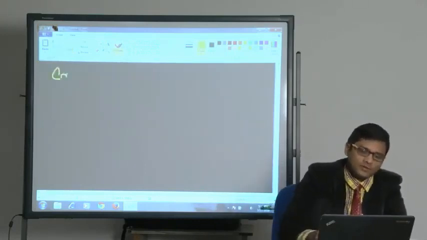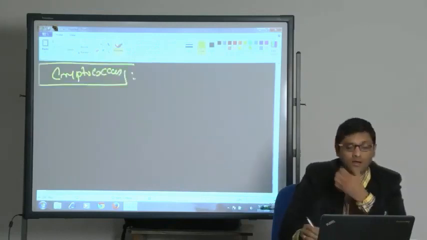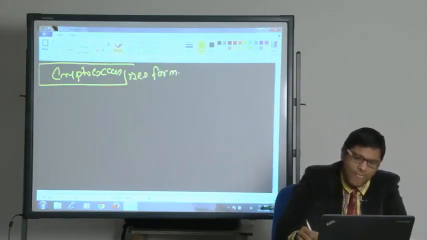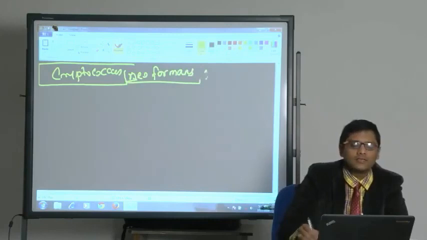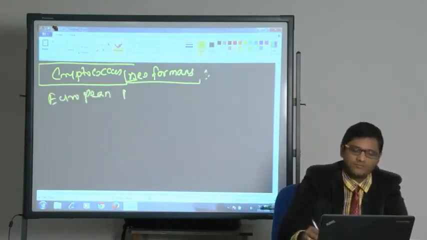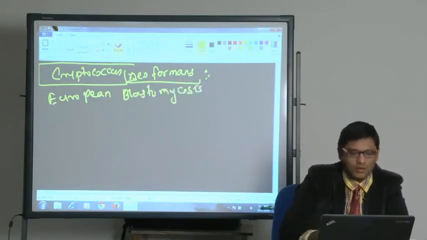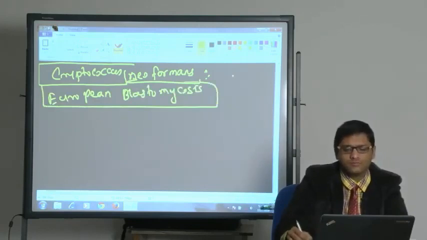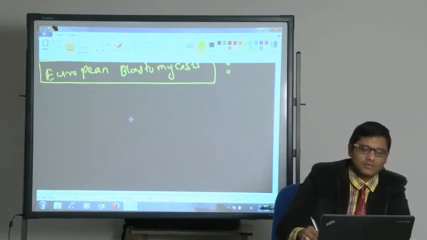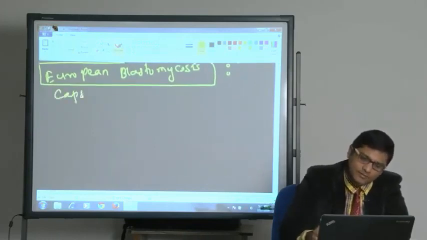Okay, then Cryptococcus neoformans. It is an agent of European blastomycosis. And here how to remember is, it is a capsulated fungus.